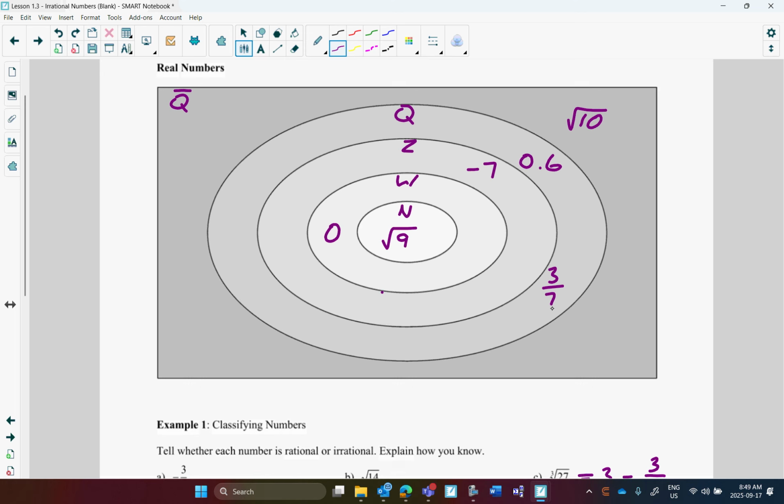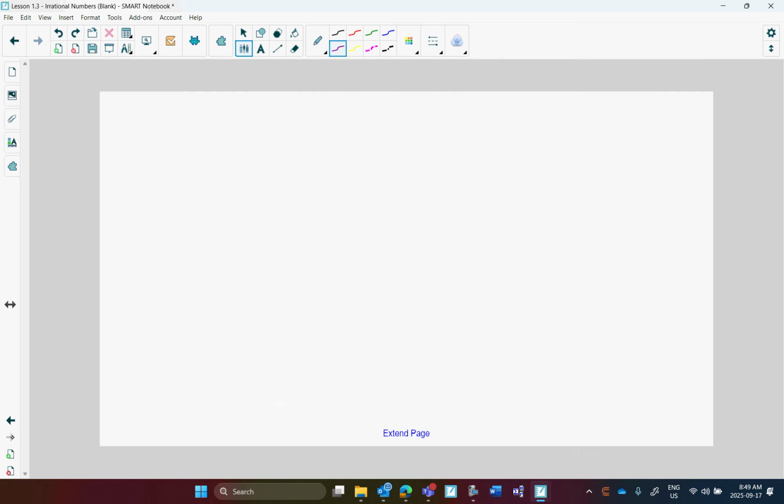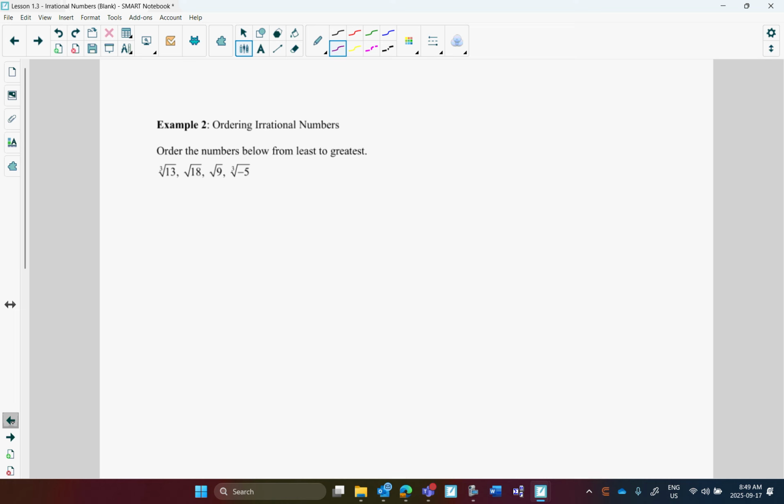Okay, the last example. You're asked to take these 4 numbers, sorry, they're not all irrational, and order them from smallest to largest, or least to greatest. Will any of these numbers give you a negative answer?